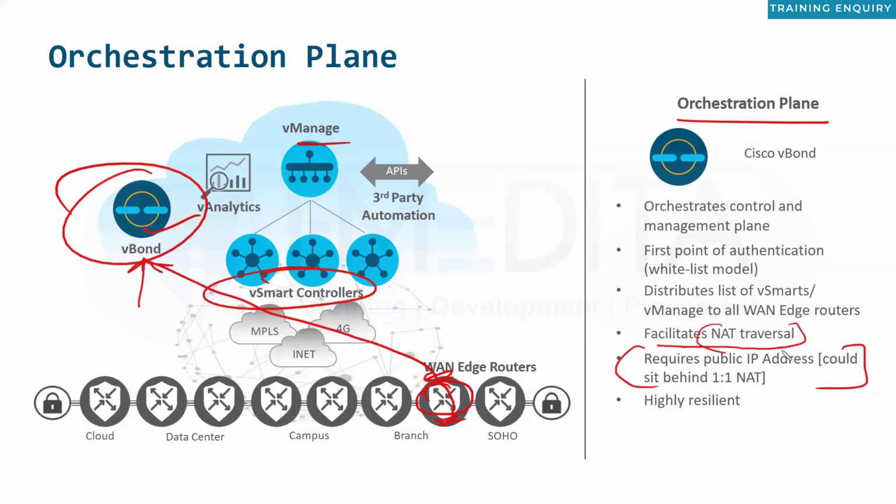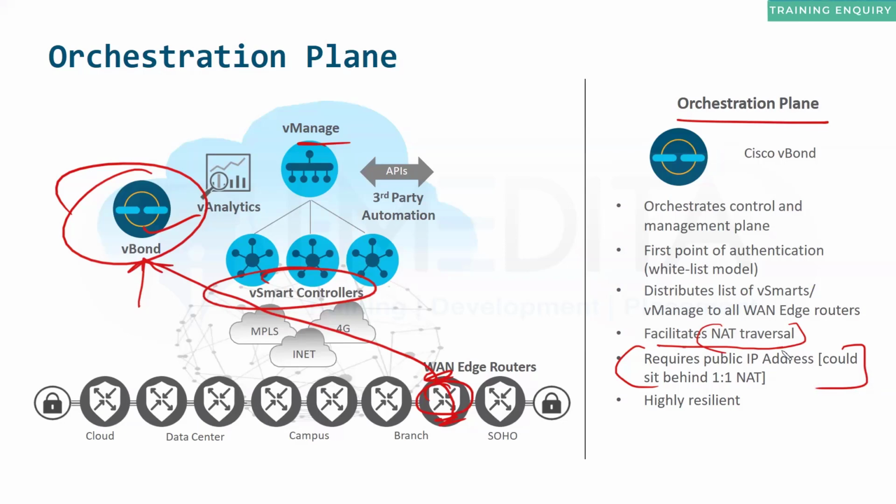So it is mandatory for vBond to support NAT-T, and we don't really have to enable anything for that. The NAT-T feature is enabled by default on vBond.